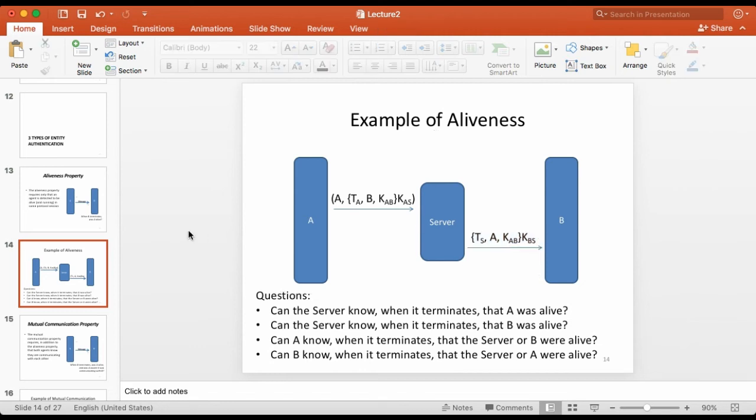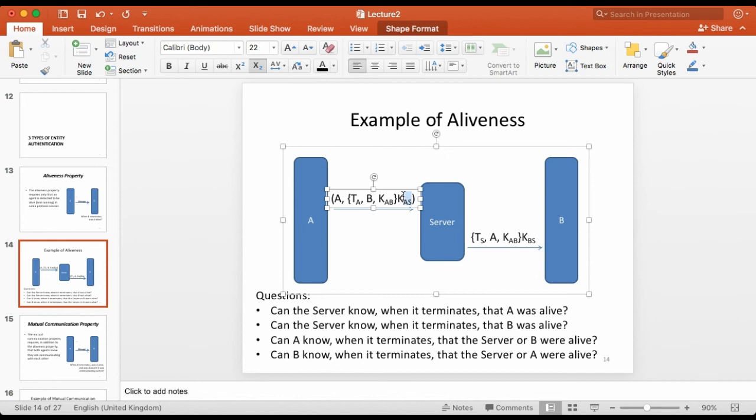Now, notice here as well that I use the word prove, so that some entity can prove the existence of some other entity, and often that means that we have to be relying on the power of cryptography to be able to prove that someone did something or that someone indeed did send some message.